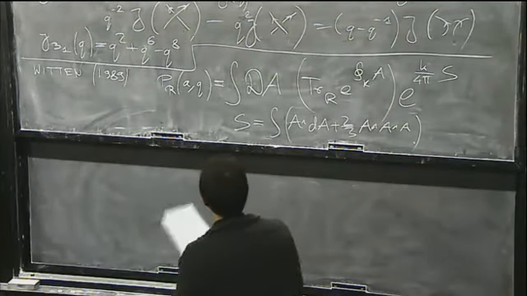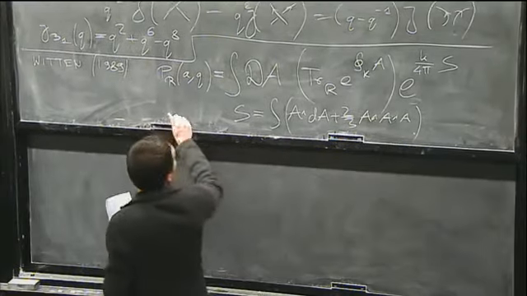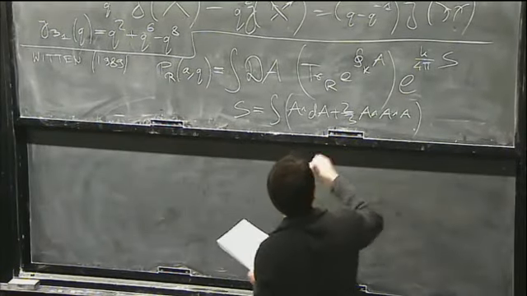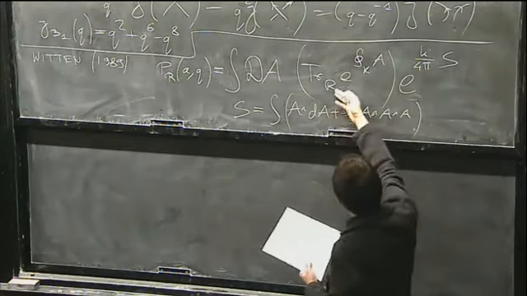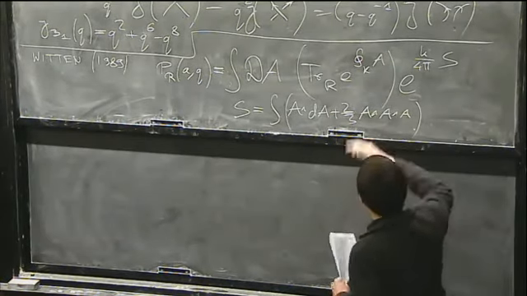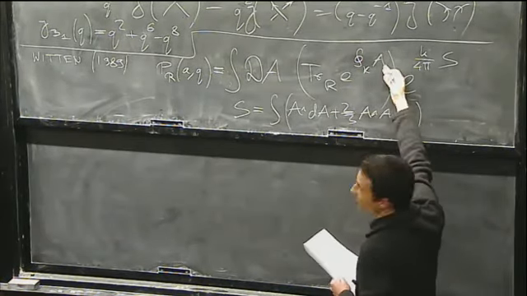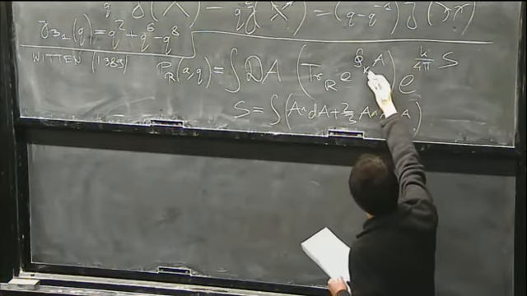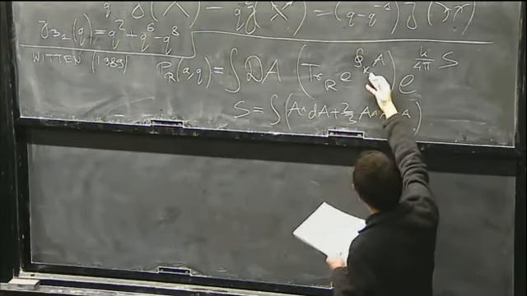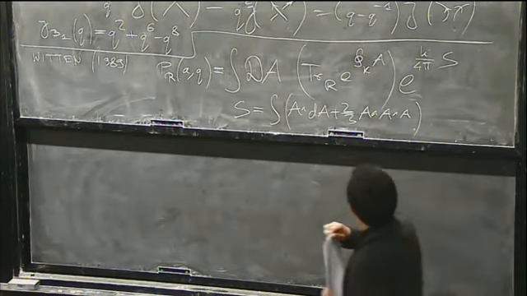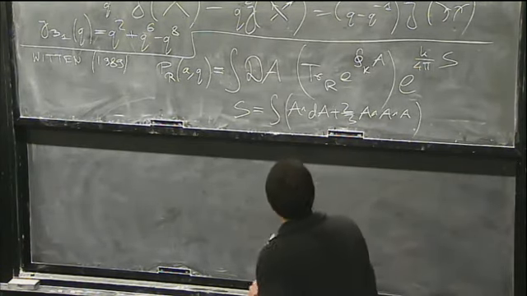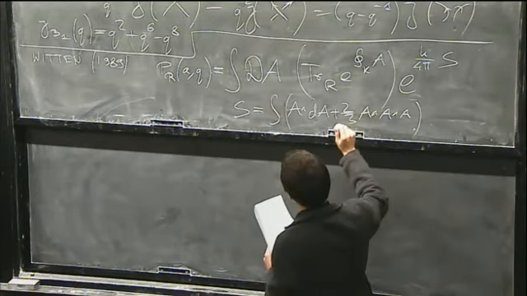The claim of Witten is that if we consider the following path integral with an inserted trace in a certain representation of the exponent of this gauge field integrated along the loop, which is a given knot K, then we get an invariant of this knot.